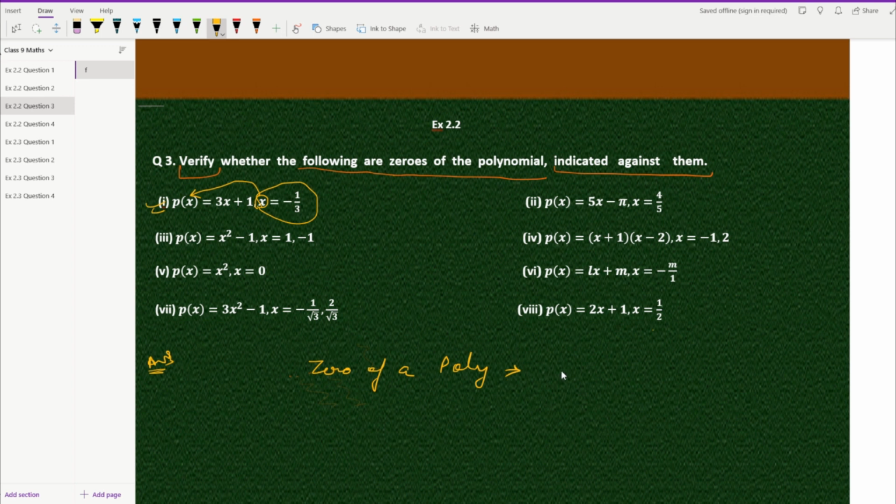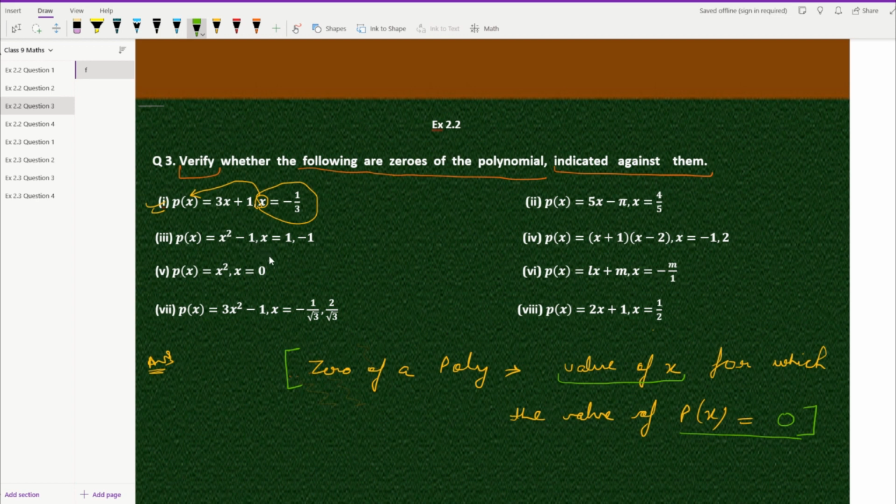Zero of a polynomial is a value of x for which the value of the polynomial, that is p(x), will become 0. So zero of a polynomial is that value of x for which the value of the polynomial will become 0.